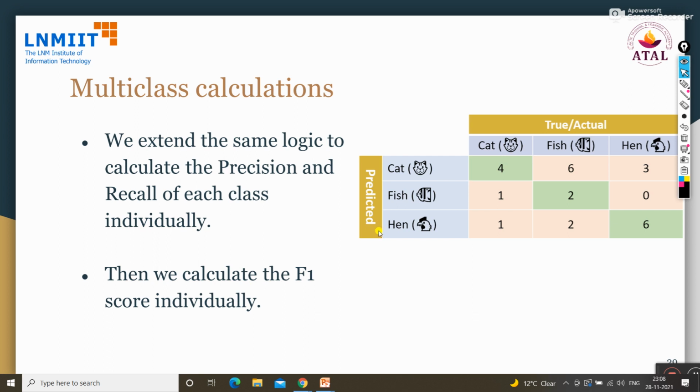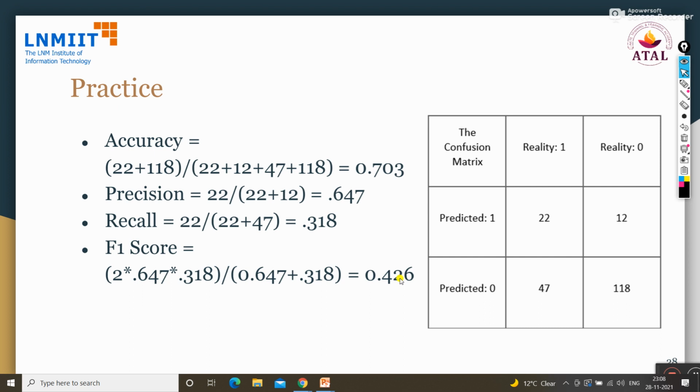What do we mean by calculating the F1 score individually? Individually, because there are three different categories. Earlier we had only one category and one category, so we had that precision.